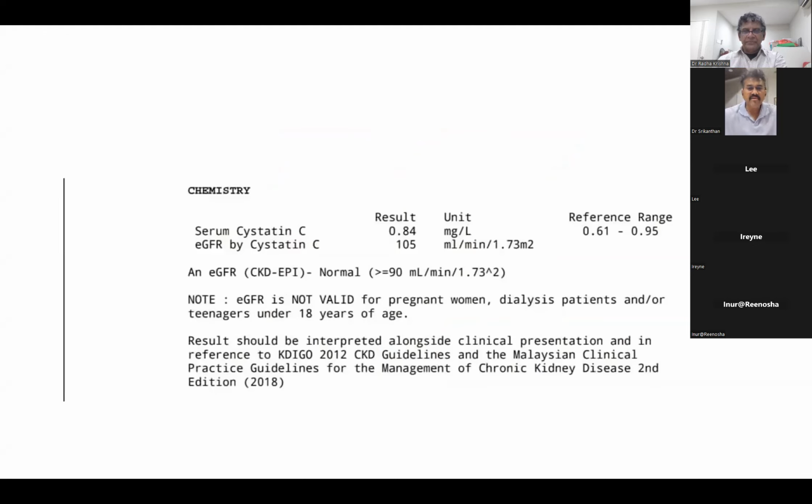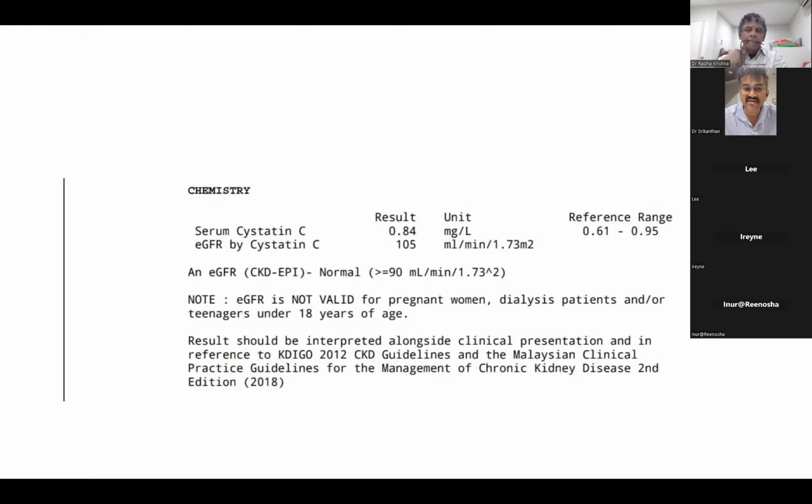This is a real test that you can see there. Serum cystatin C, and we also assess eGFR by cystatin C. There's another test you compare it to, which is eGFR by the renal function test.